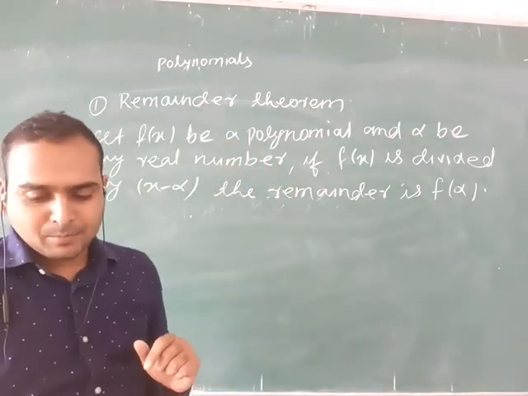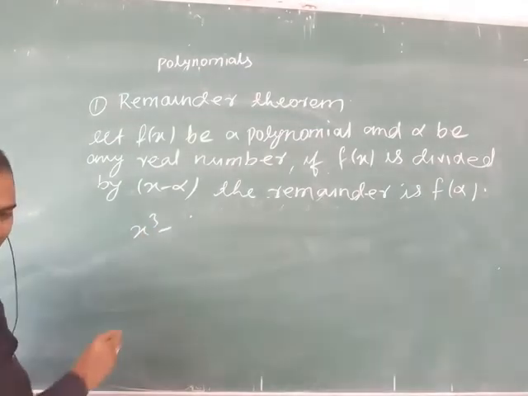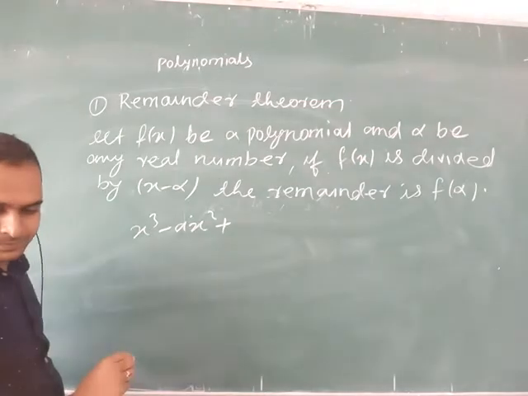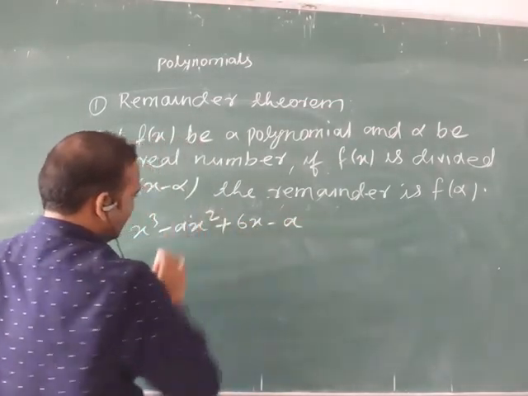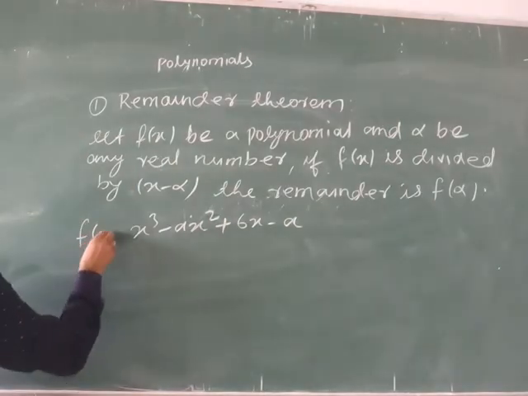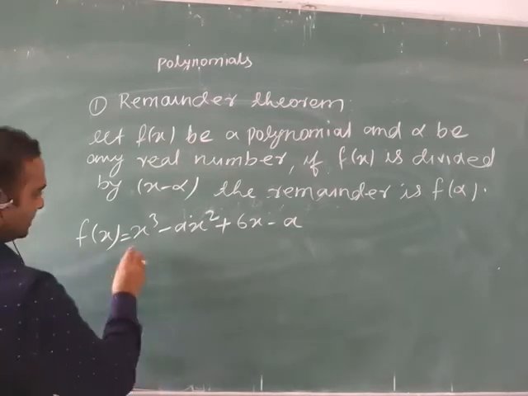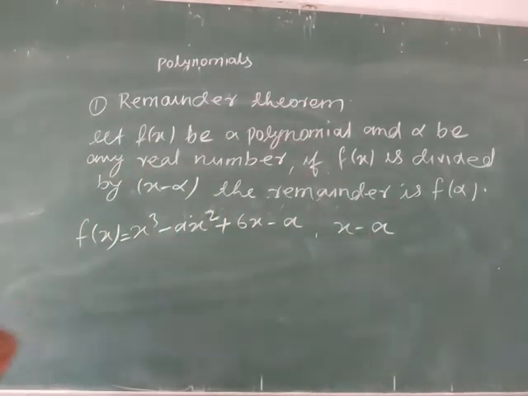We have an example: x cube minus a x square plus 6x minus a. This one is f(x). And if it is divided by x minus a, then what is the remainder?